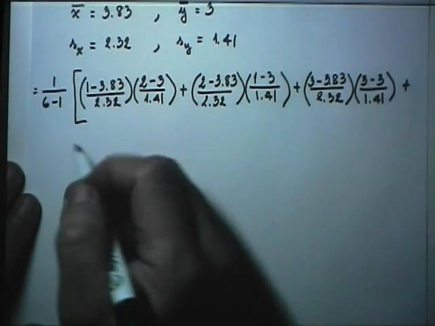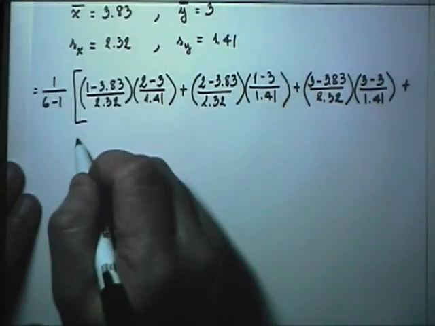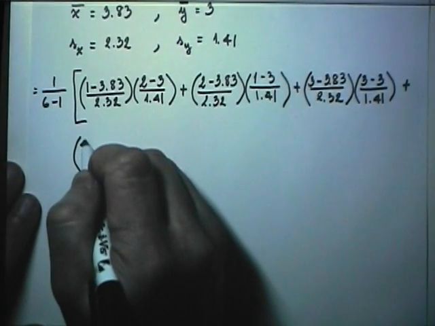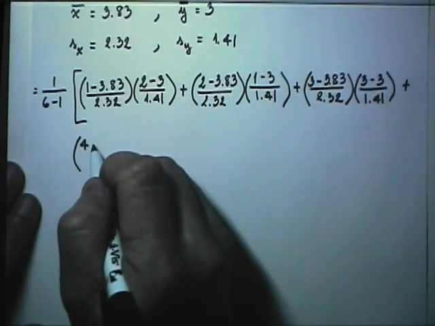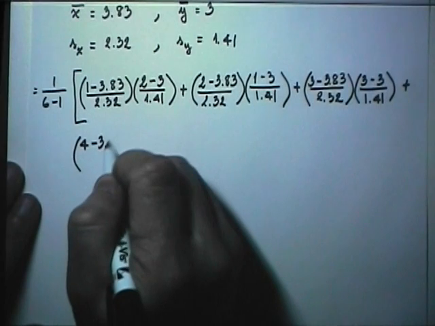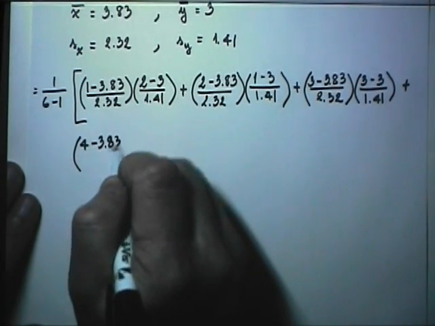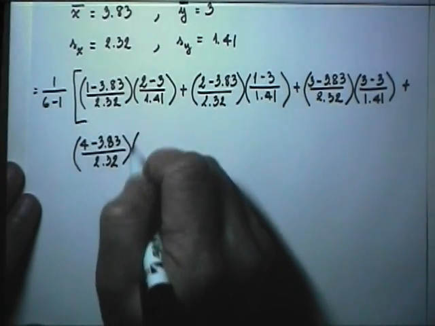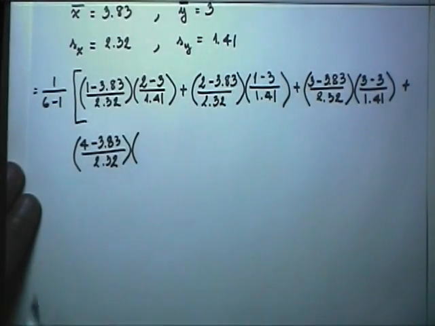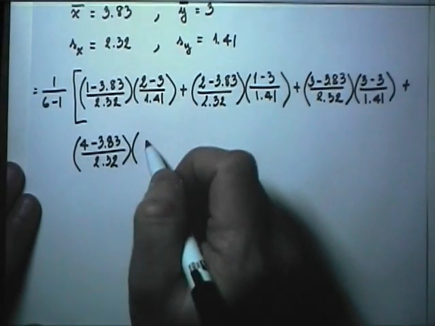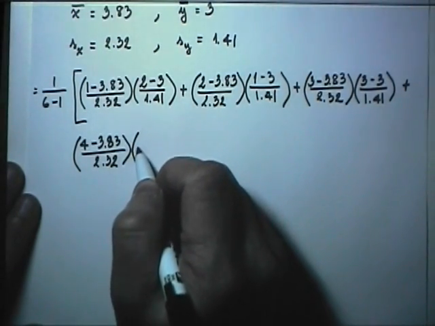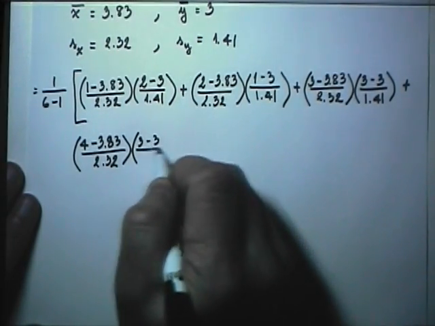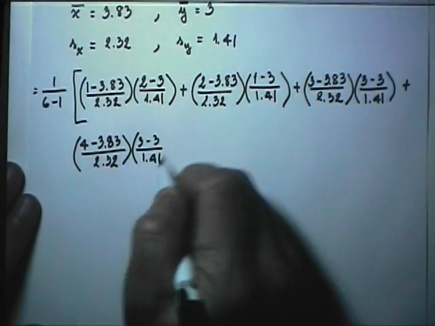I keep adding, and I move on to my fourth data point, which has an x value of 4, minus 3.83, divided by 2.32. Once again, you can notice that this work is not short. It can be long. I mean, it should be long. Then the y part, divided by 1.41.